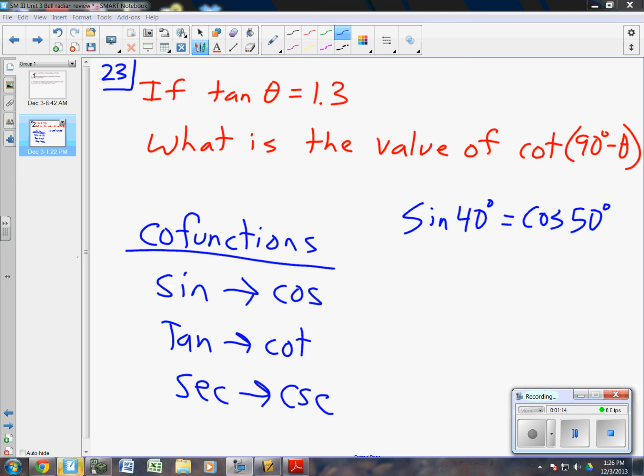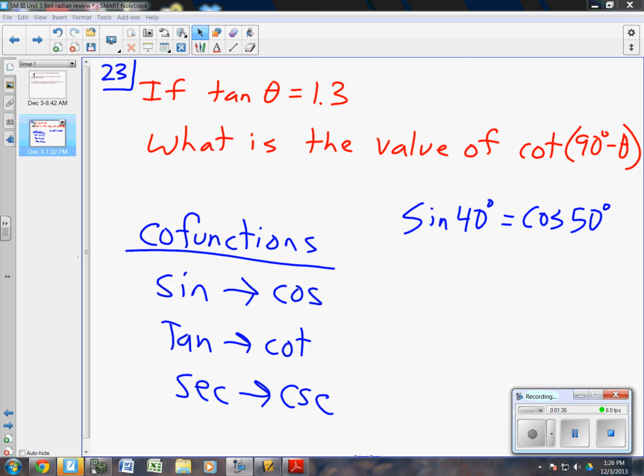I don't know if you guys can see up here on this unit circle. I haven't introduced you to sine and cosine on the unit circle; we'll be doing that soon. But I want you to notice that at 60 degrees, the x value is 1/2, and at 30 degrees, the y value is 1/2. One of these is sine and one is cosine.